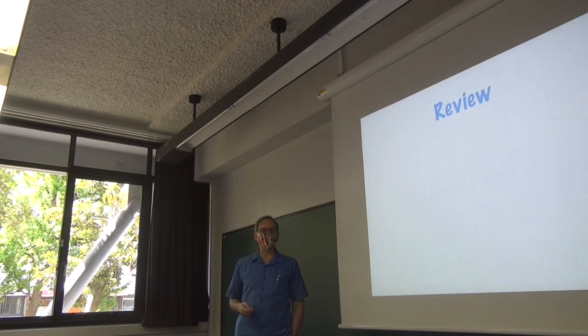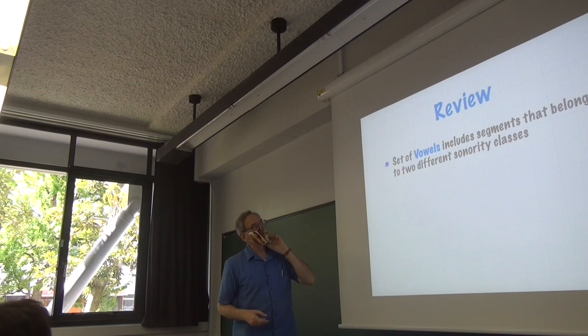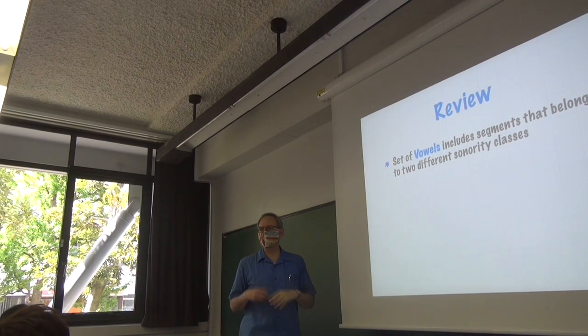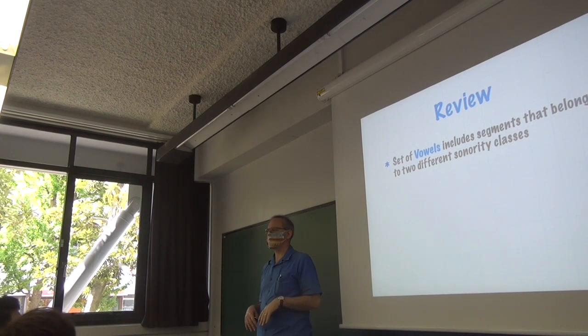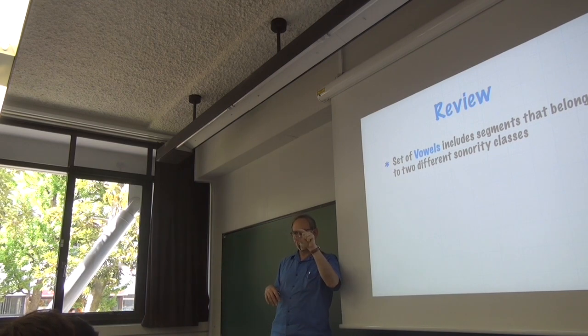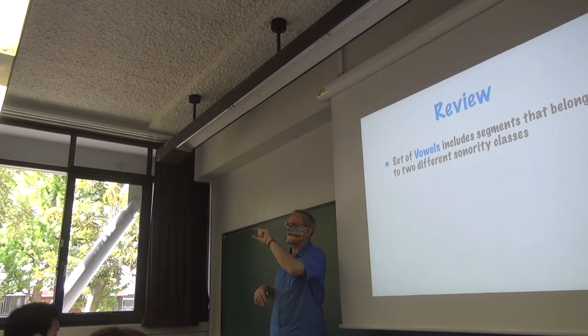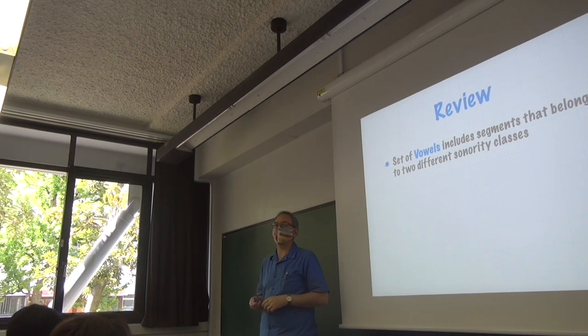From last week, we learned that the set of vowels includes segments that belong to 2 of the 5 segment classes. The high vowels are pronounced with the tongue raised high in the mouth, which creates a narrower airflow path, so it produces less sonority.